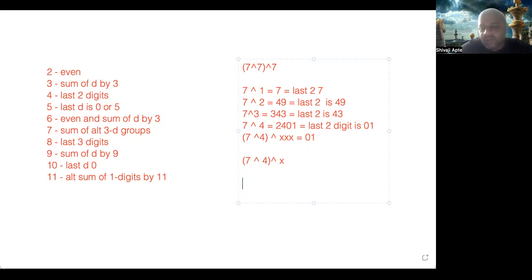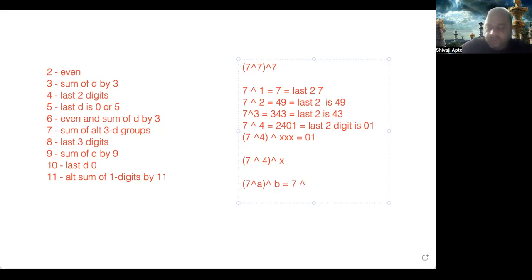You know the power of power rule, right? 7 raised to a, the whole thing raised to b, is equal to 7 raised to a into b.